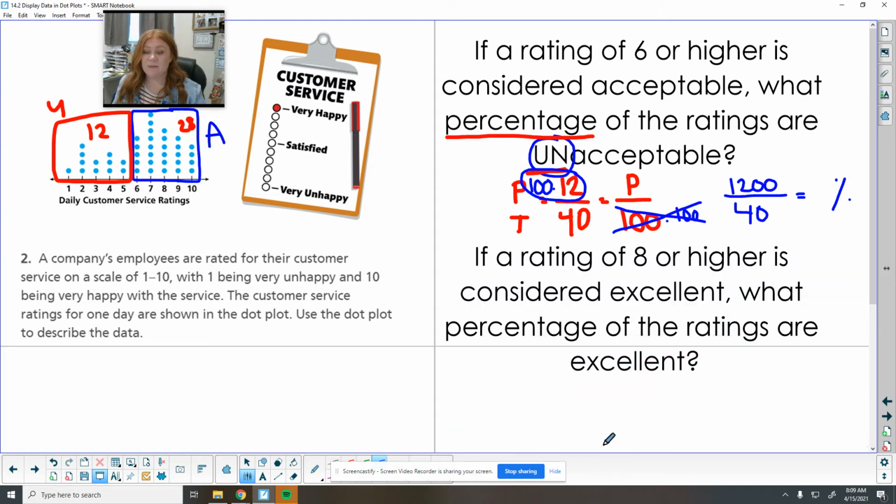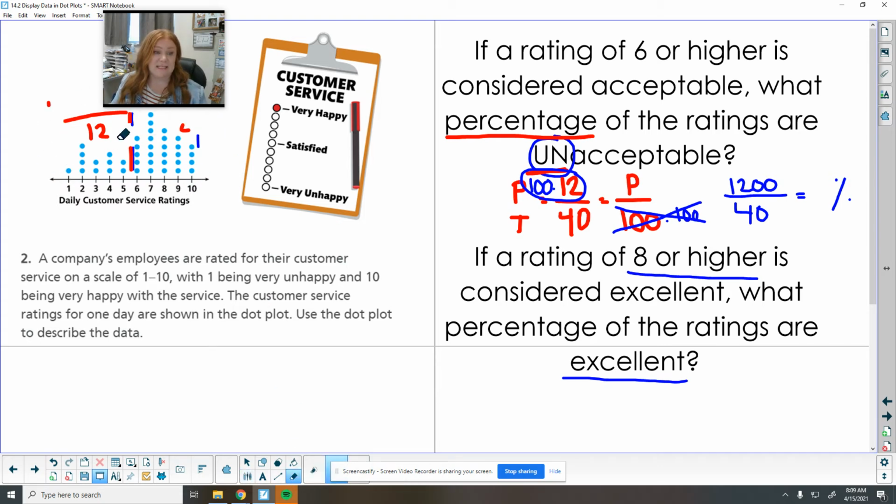Okay, so now our next question says if a rating of 8 or higher is considered excellent, what percentage of the ratings are excellent? So this time it wants to know how many were excellent. So I'm just going to erase some of that work there. So again, remember we're looking for the part over the total.